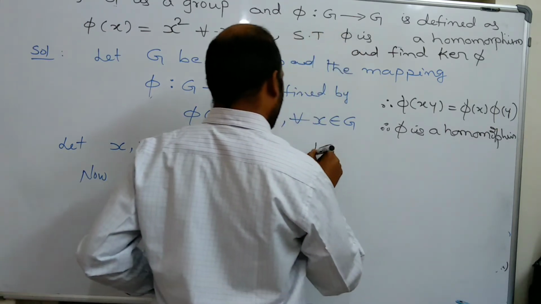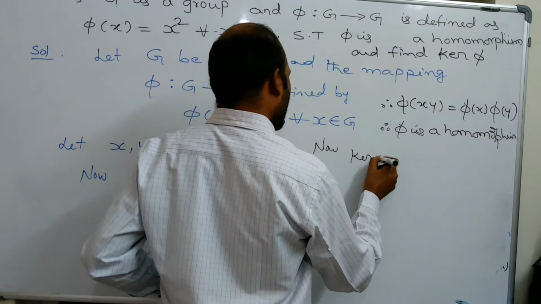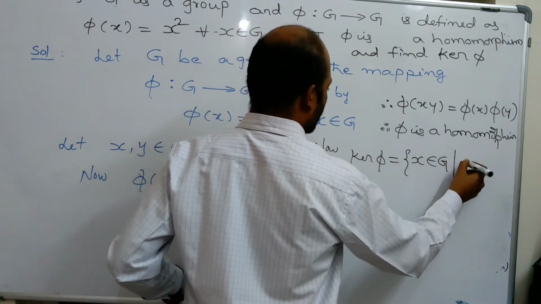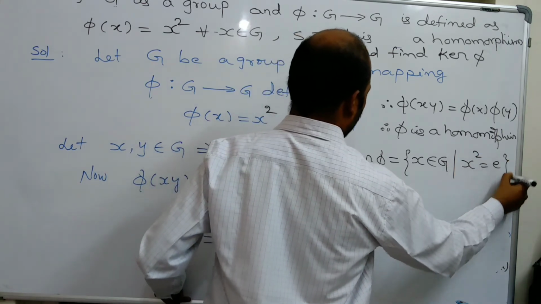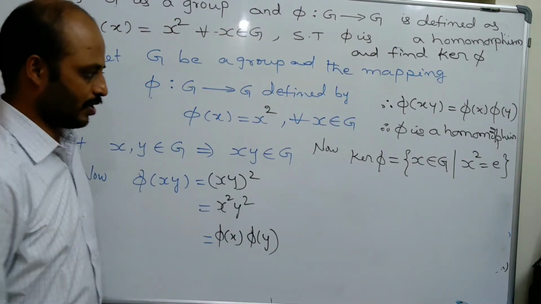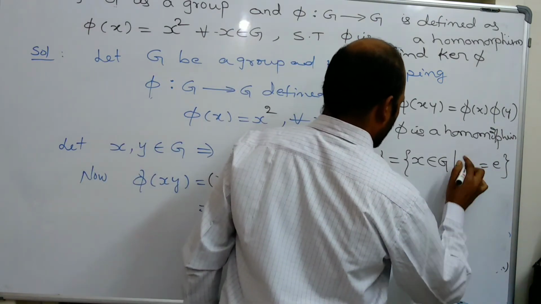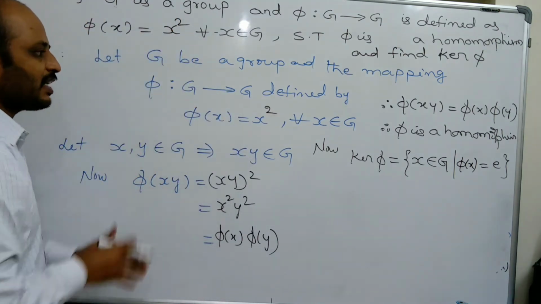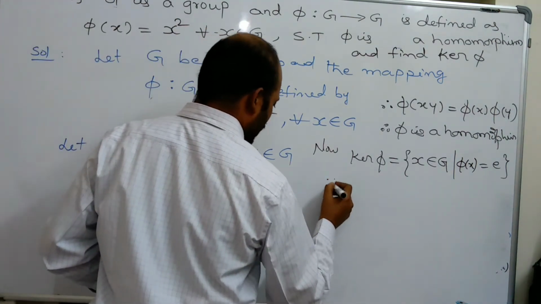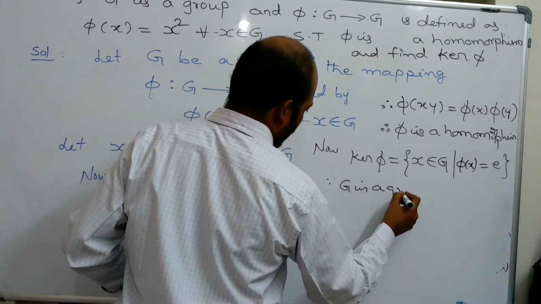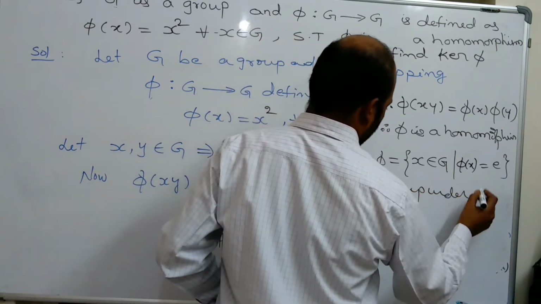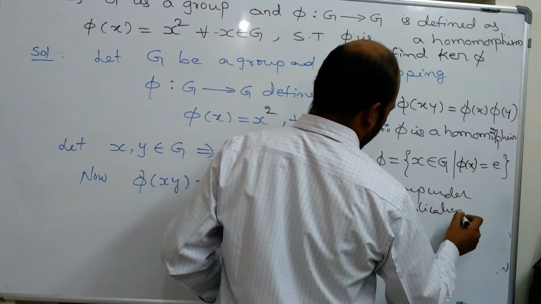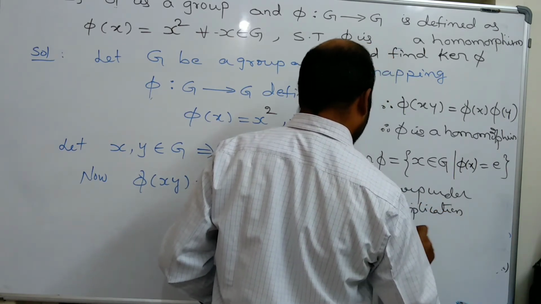So you have to find kernel phi also. Now, kernel phi is equals to the set of all elements x belongs to capital G such that x square is equals to E, such that pi of x is equals to E. Since capital G is a group under multiplication, what is the identity under multiplication? 1.